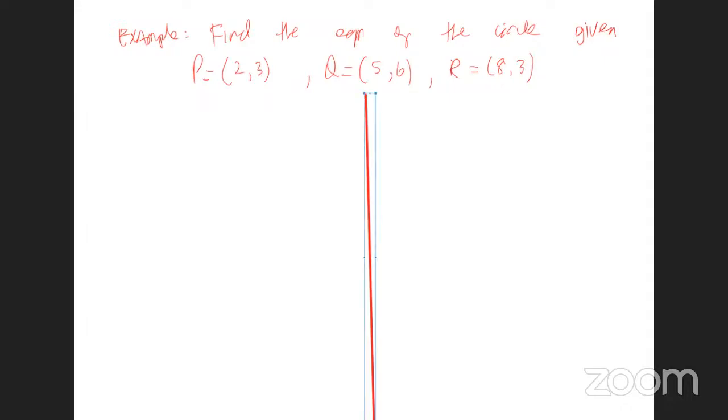So with method 1, I would like you to substitute all the points in x squared plus y squared plus 2fx plus 2gy plus c is 0. You substitute all the points in there and you will get 3 equations that we're going to solve. And I'll show you the principle behind solving 3 equations, right?